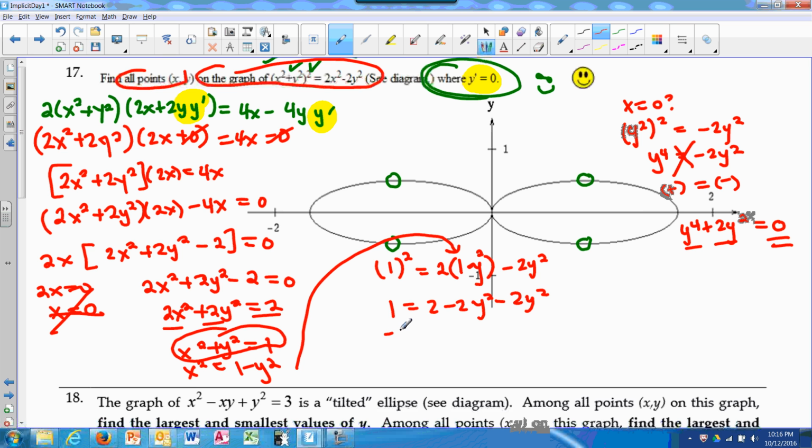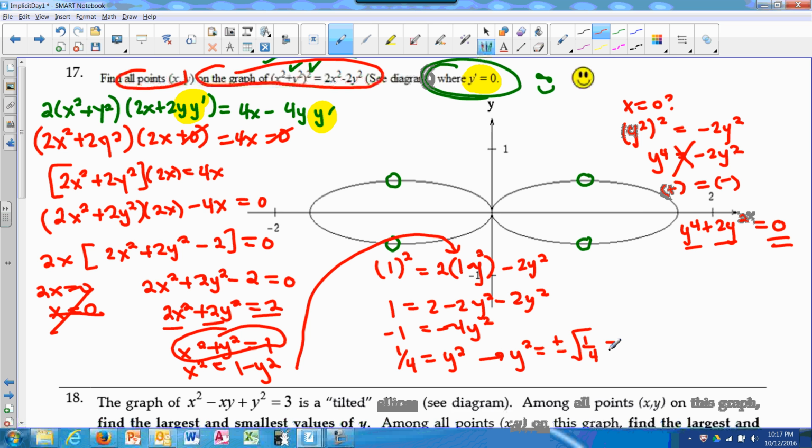So now we have negative 1 when we subtract the 2 over equals negative 2y squared, negative 4y squared. We can combine these like terms. So now when we divide by negative 4, we have positive 1/4 equals y squared. Well, a positive equal to y squared is possible, so that would mean that y equals plus and minus the square root of 1/4, which is plus and minus 1/2.